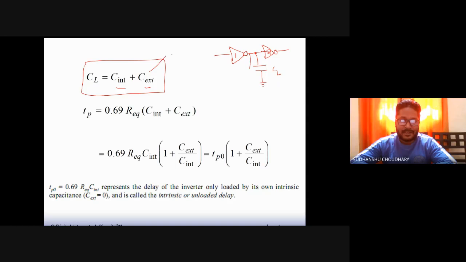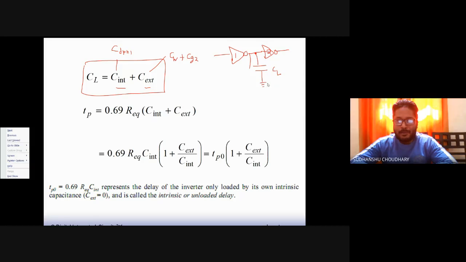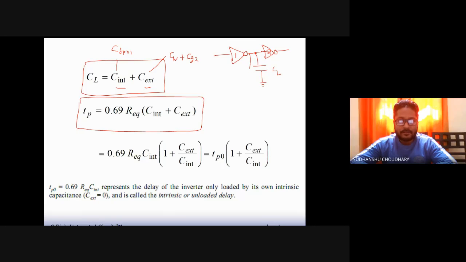So C extrinsic is C wire plus CG of 2, and C intrinsic is the drain diffusion capacitance of 1, that is CDP and CDN of 1. So if I know my CL over here, I can find the delay at this point by applying the same old equation, 0.69 RC. C is now CL, that is C intrinsic plus C extrinsic, so the delay can be found.